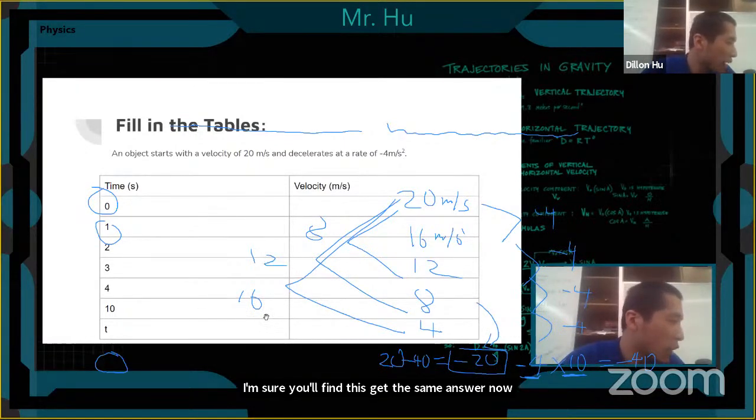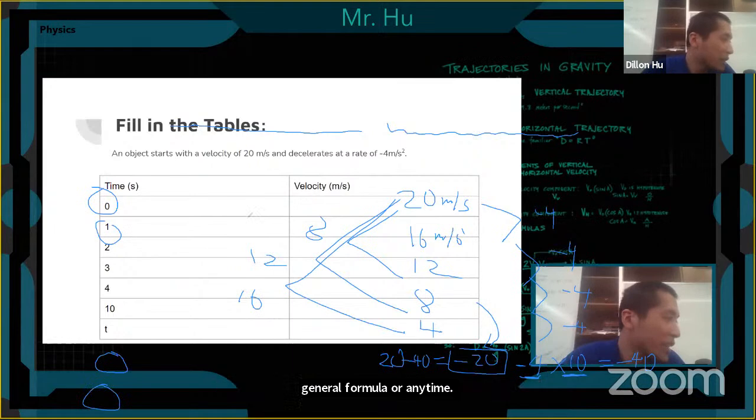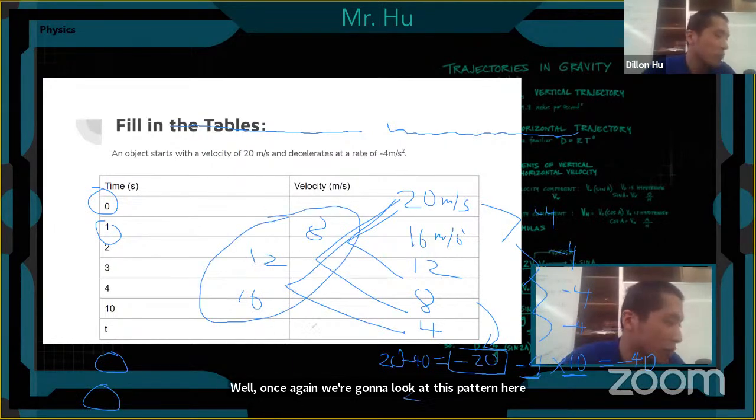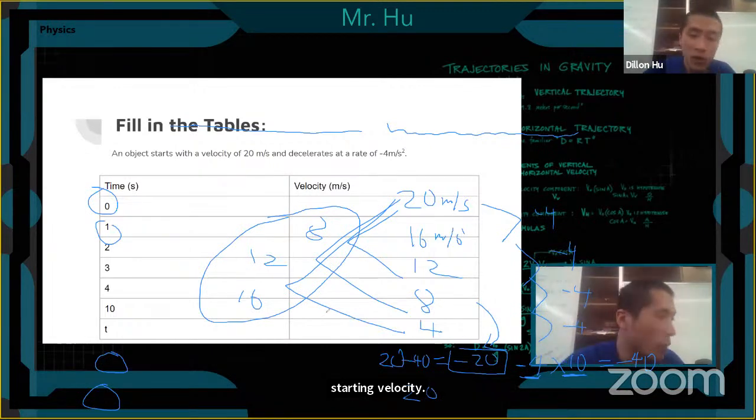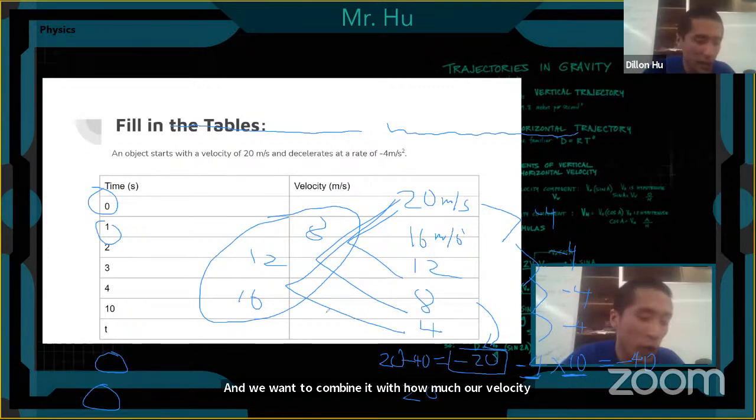Now for the hardest part: how do we figure out a general formula for any time? Once again, we're going to look at this pattern. The general pattern is we want to take our starting velocity and combine it with how much our velocity changes during that time.